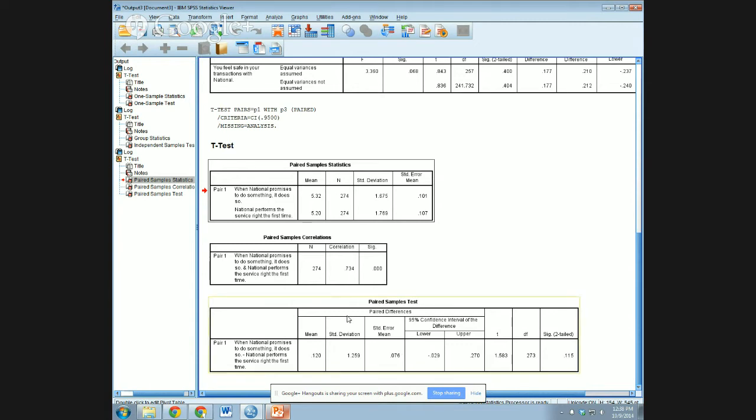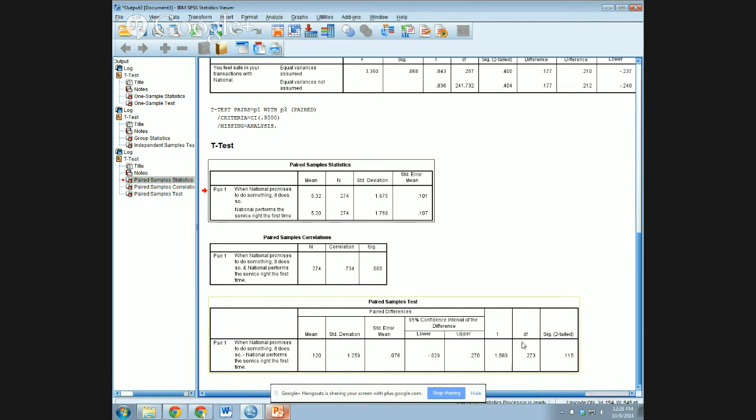So now the two variables are highly correlated. Our question is, is there a difference between the means? Is there a difference between National promising to do something and National doing it right the first time? Again, we can look over here at our test statistic, the t-value at 270 degrees of freedom with a significance of 0.115. How do we interpret that?